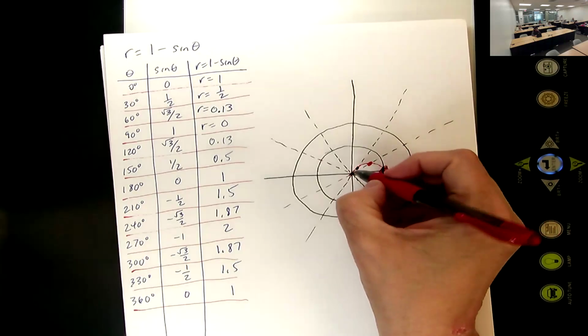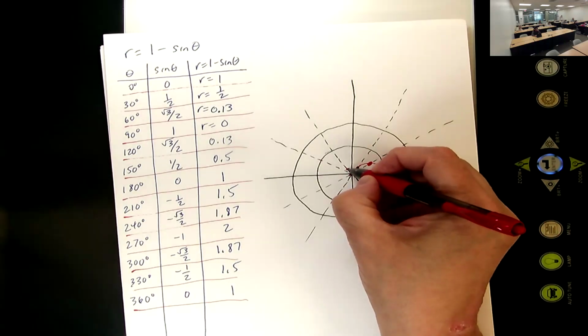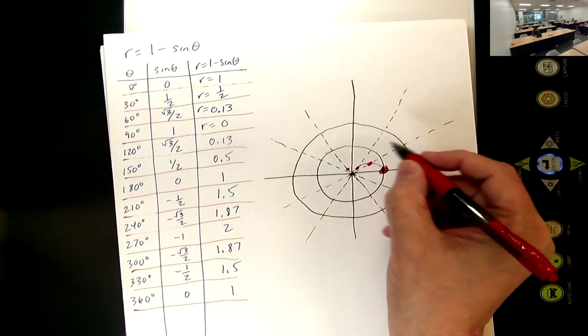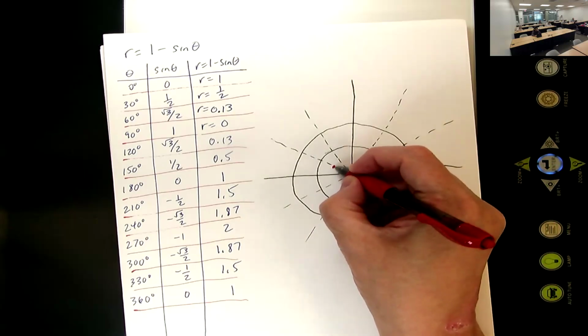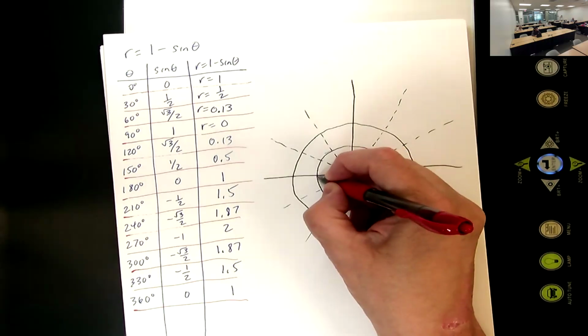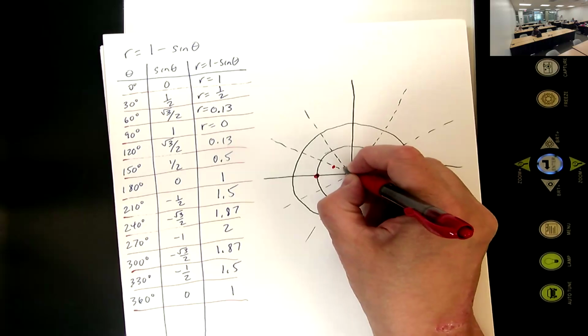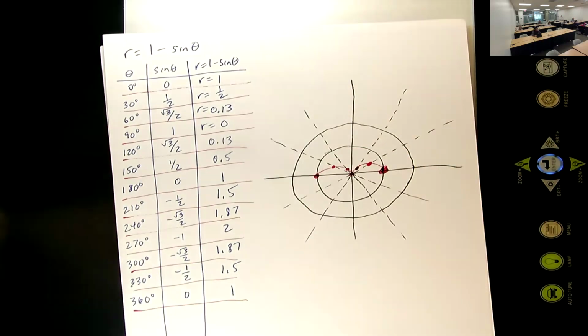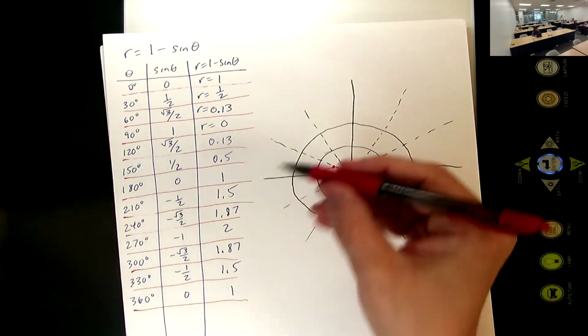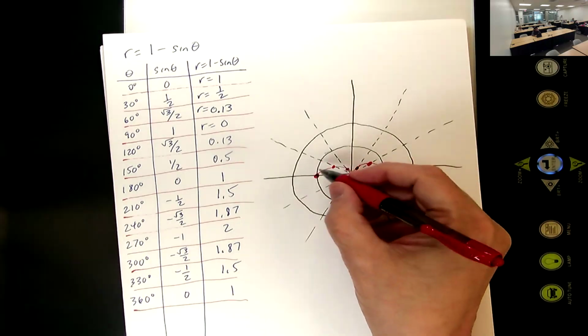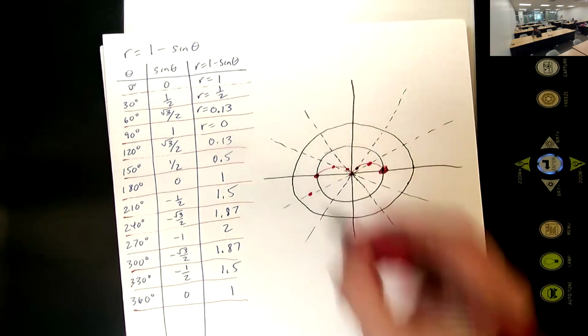At 120 degrees R is 0.13, we're back out a little bit. At 150 degrees, we're out halfway. And at 180 degrees, we're out 1. Let's see, at 210, we're at 1.5, so we're starting to go outward.